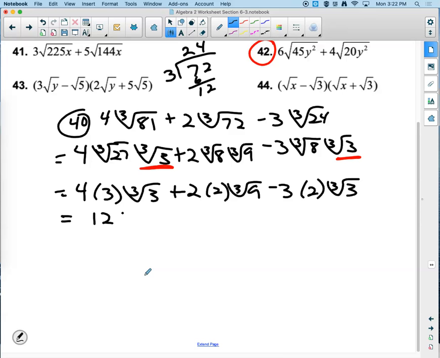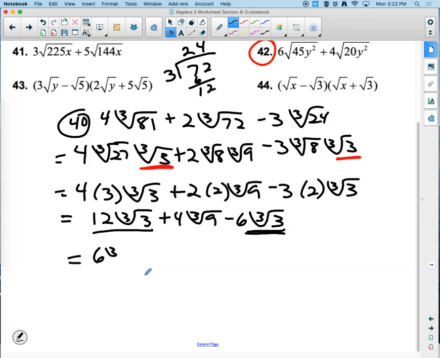So this will give us 12 cubed roots of 3 plus 4 cubed roots of 9 minus 6 cubed roots of 3. So again, there's 2 terms we can put together, but there's another one. So 12 cubed roots of 3 minus 6 cubed roots of 3 is 6 cubed roots of 3 plus 4 cubed roots of 9. And that's the best we can do with number 40, because again, not all 3 terms were like terms.